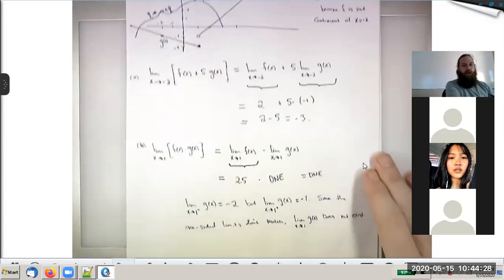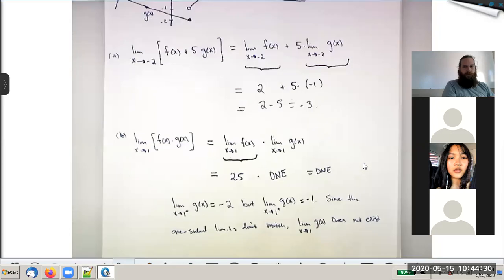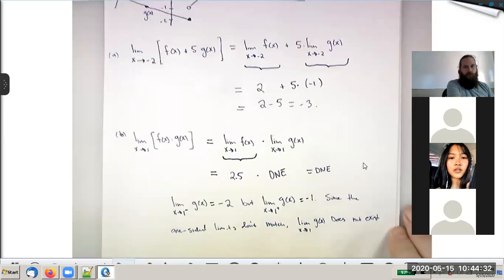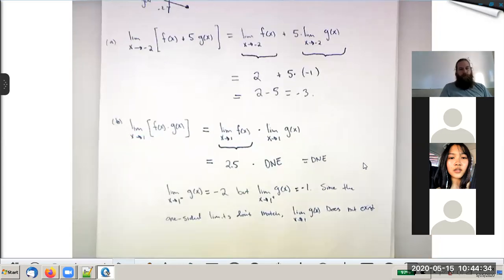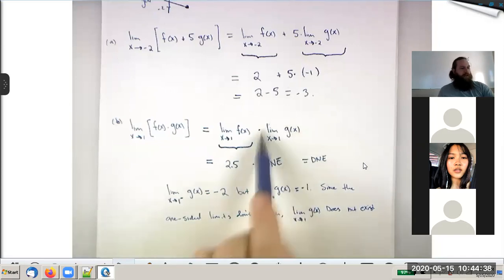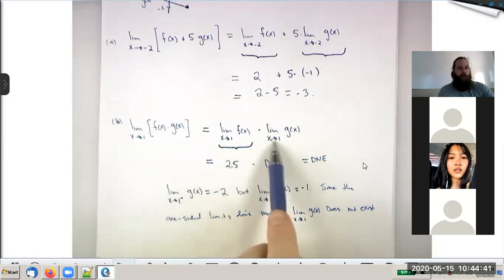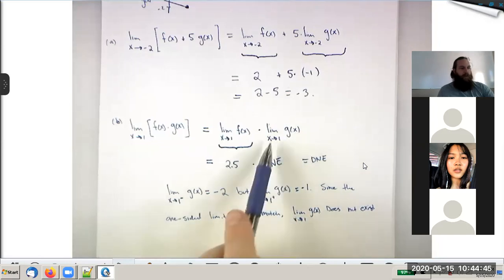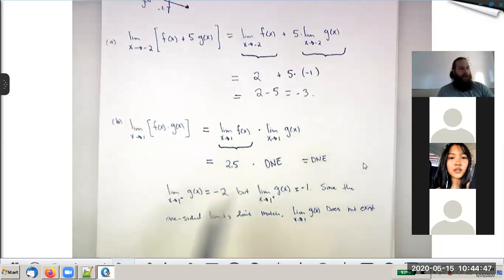Okay, so this is getting at the question that was asked just a second ago. In order for this object to exist, the overall limit without any little pluses or minuses written above, that means that the left and right limits are the same, and they're both equal to whatever this value is.